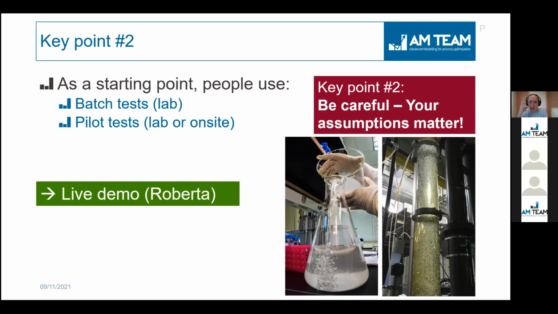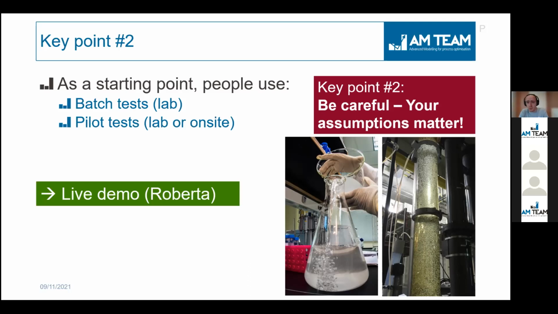How this batch test is performed, and the conditions in this batch test, have an important effect on the results and on the conclusions you draw from it for your future design. So you need to be aware of the assumptions in these tests and know what the impact can be on your overall design.